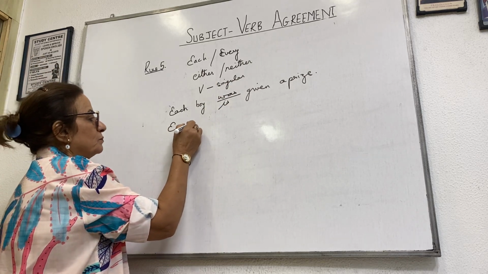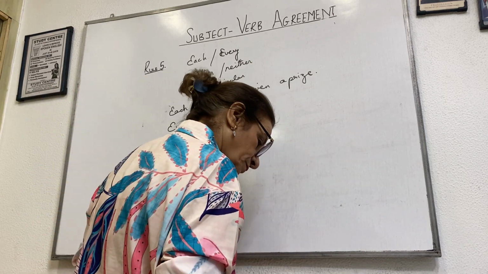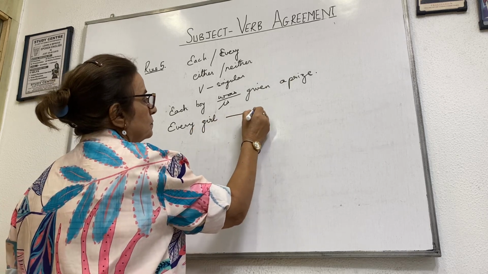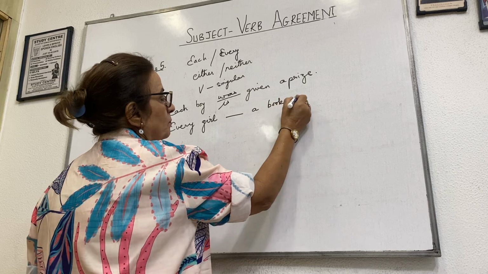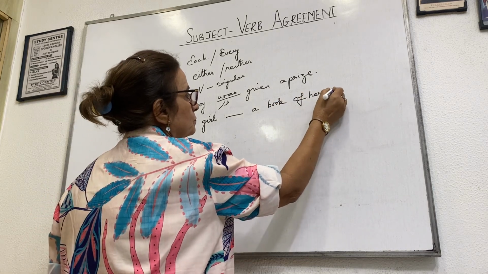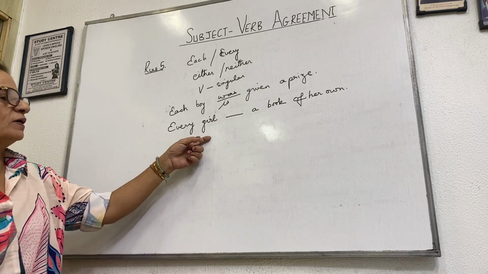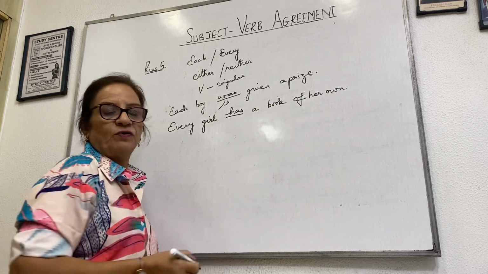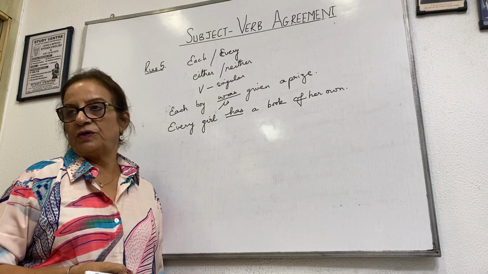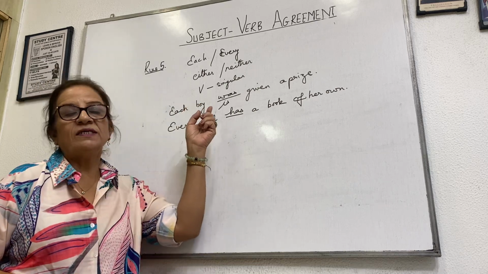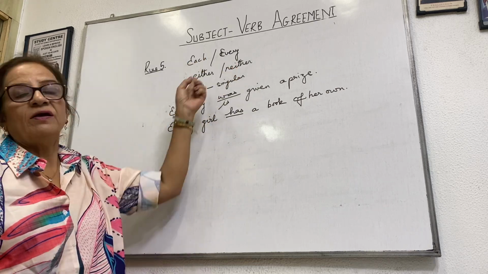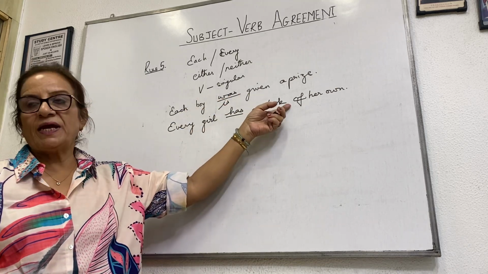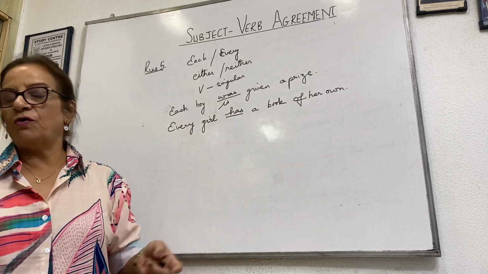Every girl has a book of her own, not have a book of her own. Okay, because the rule says when you use each or every with the subject, the verb is singular. So each boy was given a prize. Every girl has a book of her own.